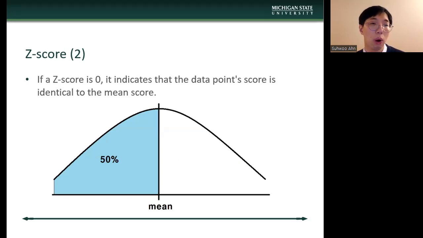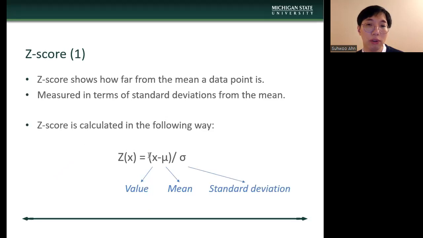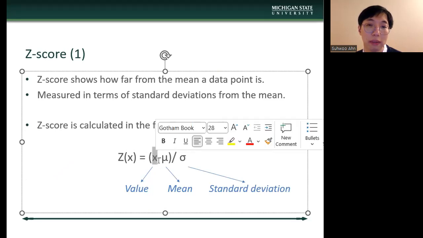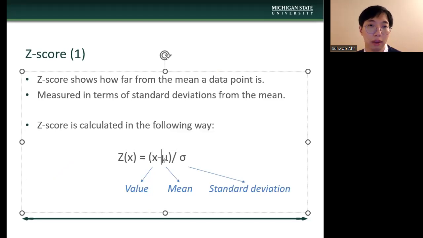If the z-score is a positive value, it means the value is higher than the mean, so the data point is above the mean. However, if the z-score is negative, it means the value is below the mean.